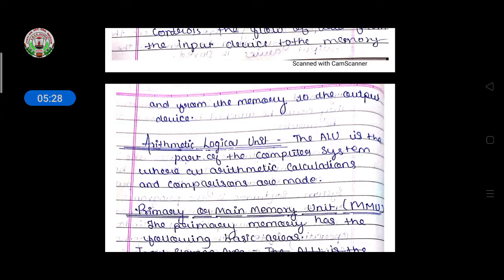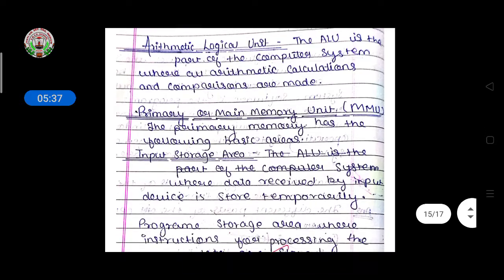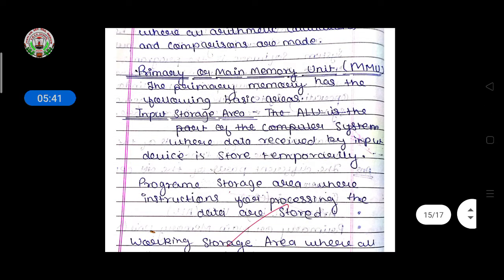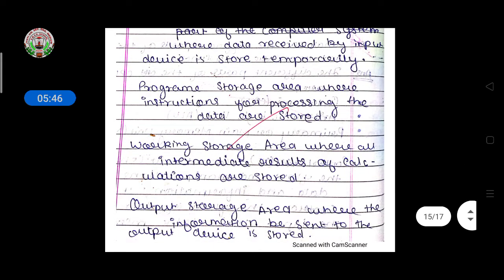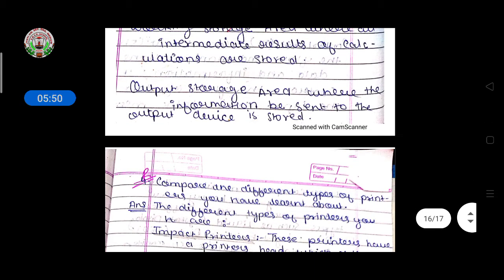Arithmetic logic unit is where the calculations and comparisons are made in the computer system. Main memory unit or primary unit has the following basic areas: input storage area, program storage area, working storage area and output storage area.